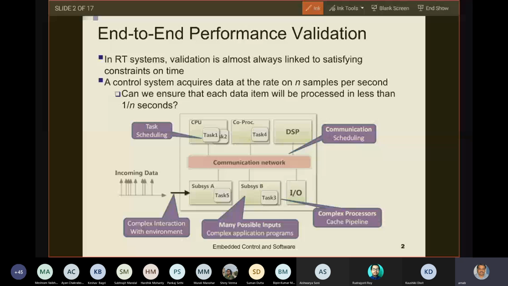So here in this example, as we showed earlier as well, I have a set of, say, 5 tasks. I have mapped task 1 and task 2 on a general purpose processor. I have mapped task 5 and task 3 on custom hardware, which we could also call a single purpose processor.